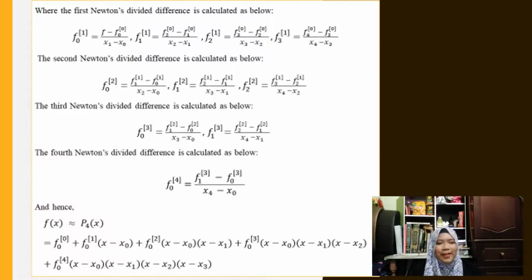F22 equals F31 minus F21 divided by X4 minus X2.